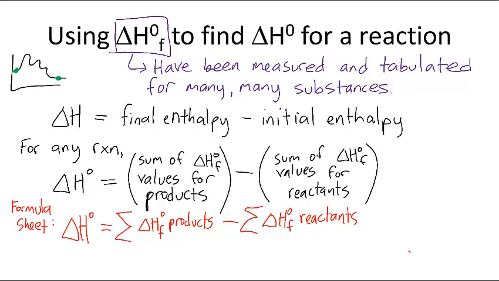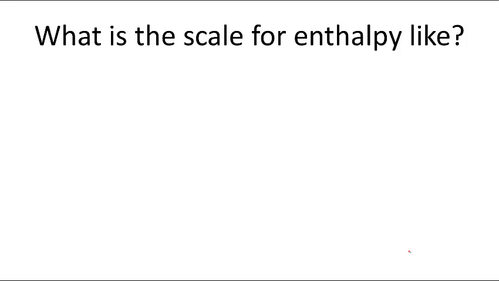It's a similar idea. The other way to look at it is that enthalpy is really measured on this scale. We call it the heat of formation scale. And at 0 on that scale, we have the elements in their standard states.